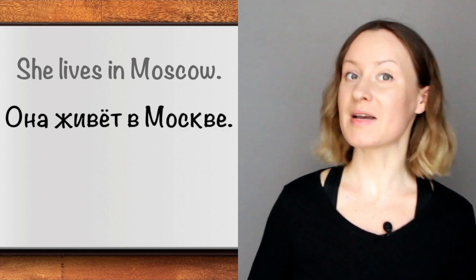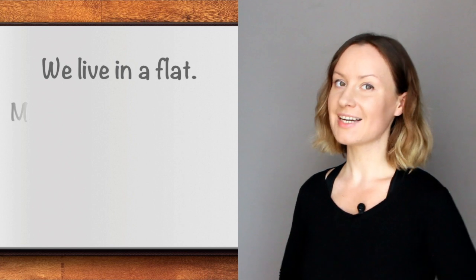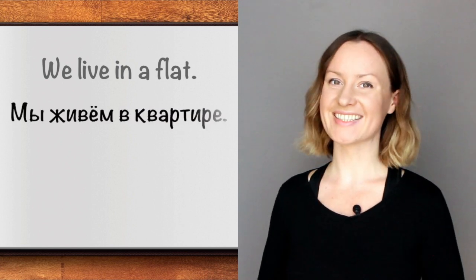To use the verb live with оно, which means something abstract or an object, would be strange, so let's omit it so far. And we live in a flat would be мы живем в квартире.